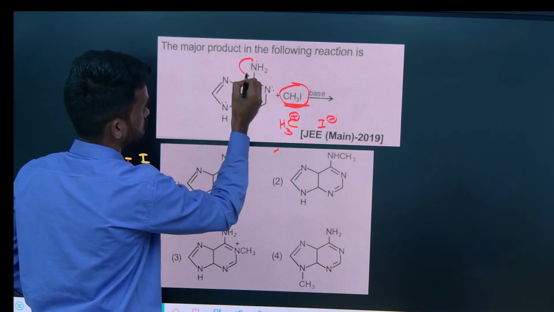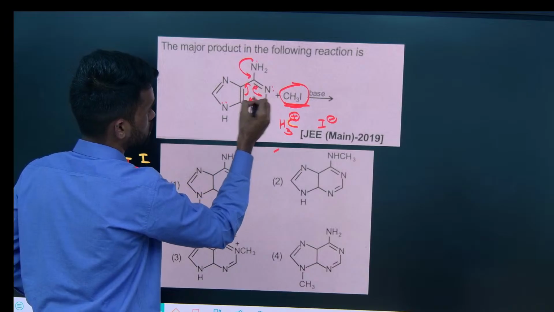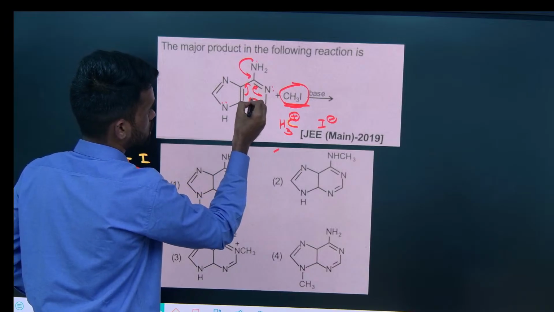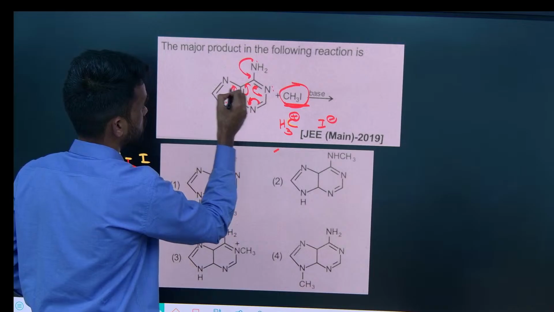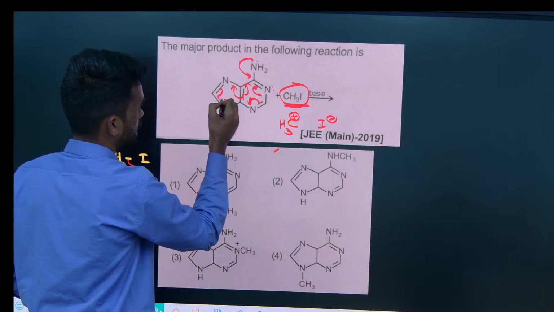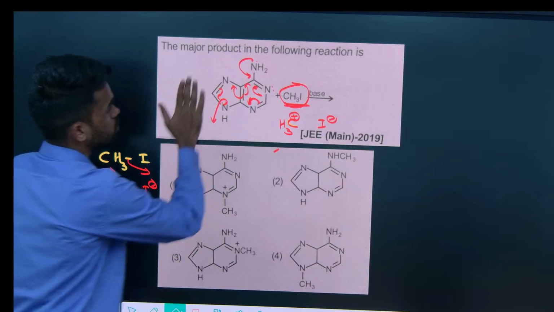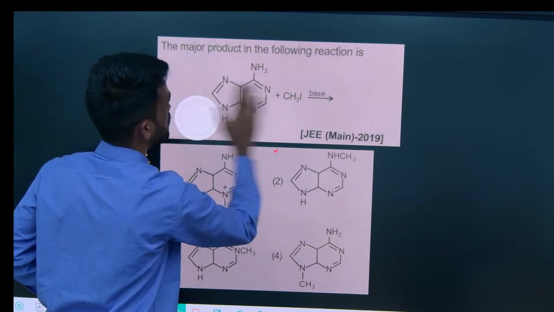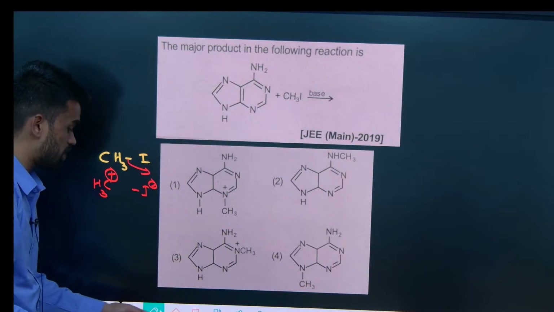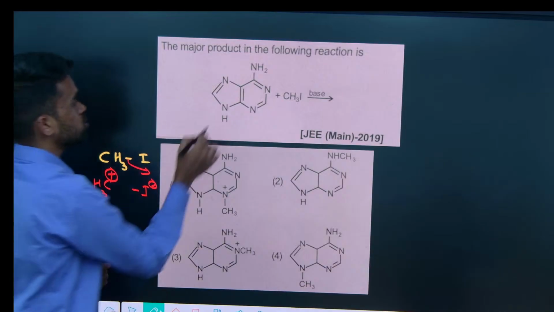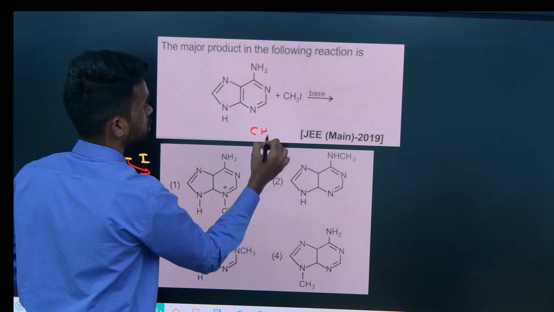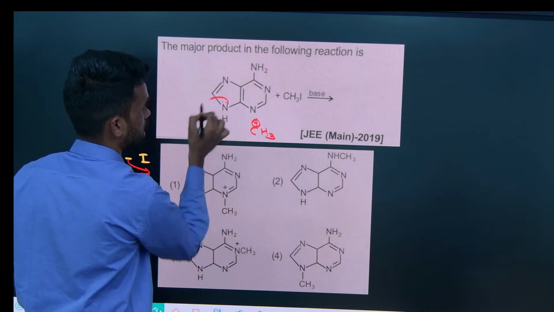If these lone pairs are given here, this comes here, and this comes here, and this comes here, like that they are activating this nitrogen atom more effectively. You need to write the possible conjugations and check which nitrogen atom has the highest electron density, so that nitrogen atom will take the methyl carbocation, that electrophile.